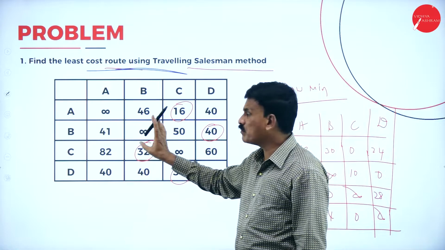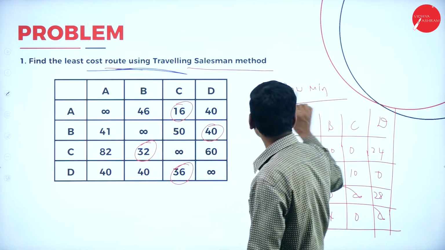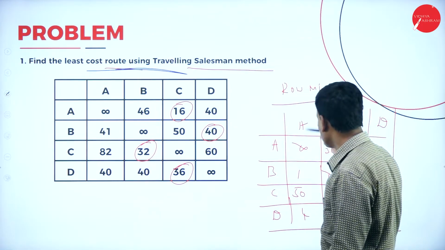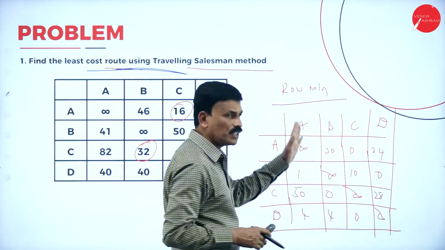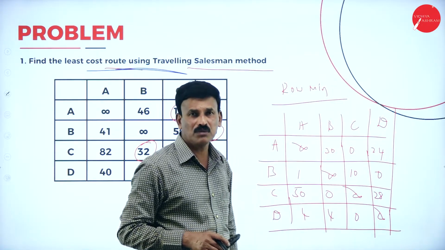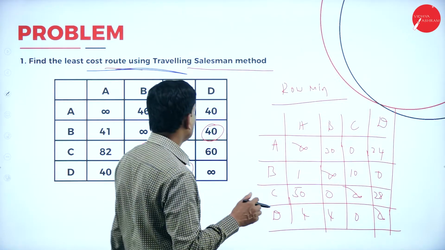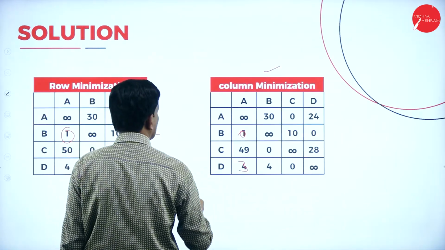Just subtract each and every element by 16. That is called your row minima. After row minima, go to the column minima, identify the minimum value in a column and subtract each and every element by that minimum value. That is called row minima and column minima. After row minima and column minima, go for the scanning.